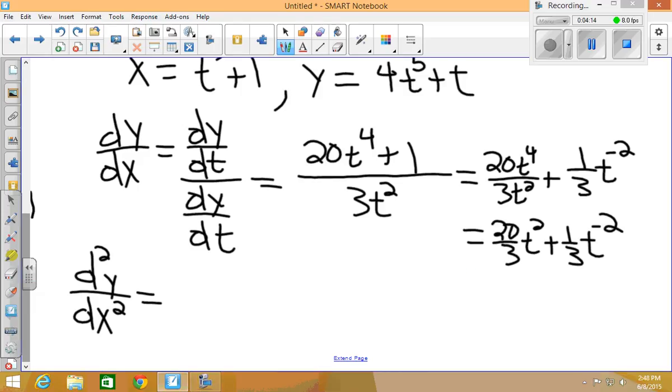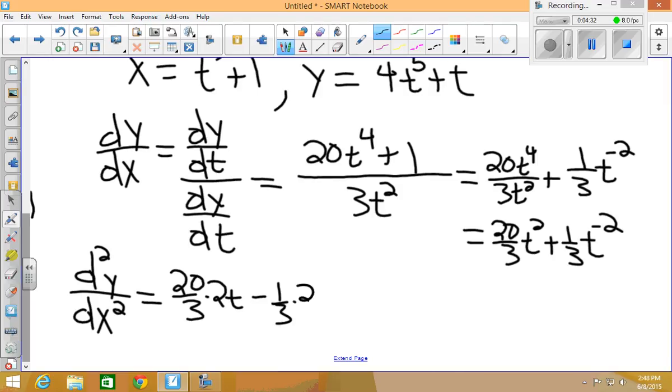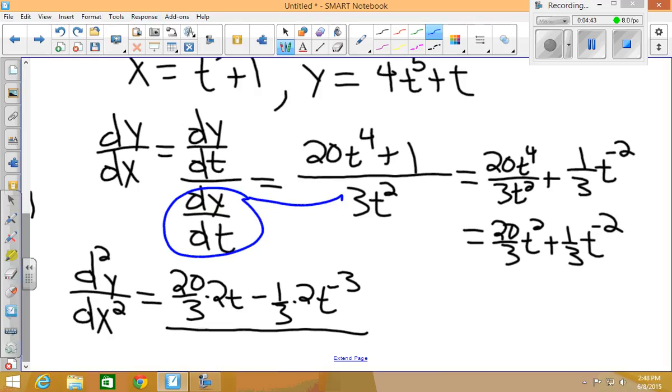Well, we already know our derivative is 20 divided by 3 t squared plus 1/3 t to the negative 2. So the derivative of that will be 20 over 3 times 2t minus 1/3 times 2t to the negative 3. And then we divide that by dx dt. Well, dx dt, remember, we found earlier, is 3t squared.